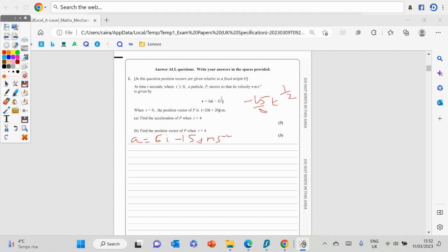And when you sub in the 4, that's why I've cancelled it down to there. There's no t to sub in for the i component, it's just the j component we have to sub in.